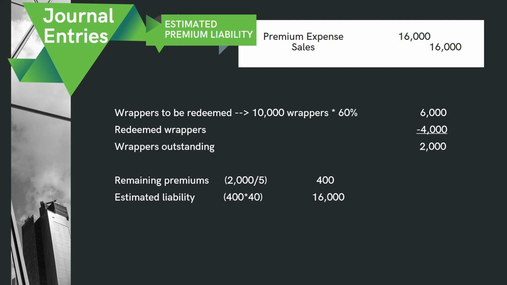Okay? So, 400 soup bowls will be given in the next years, if they redeem, and then times the cost of the soup bowl, which is 40. 400 times 40, that is 16,000. So, that is how you compute the estimated liability for premiums.